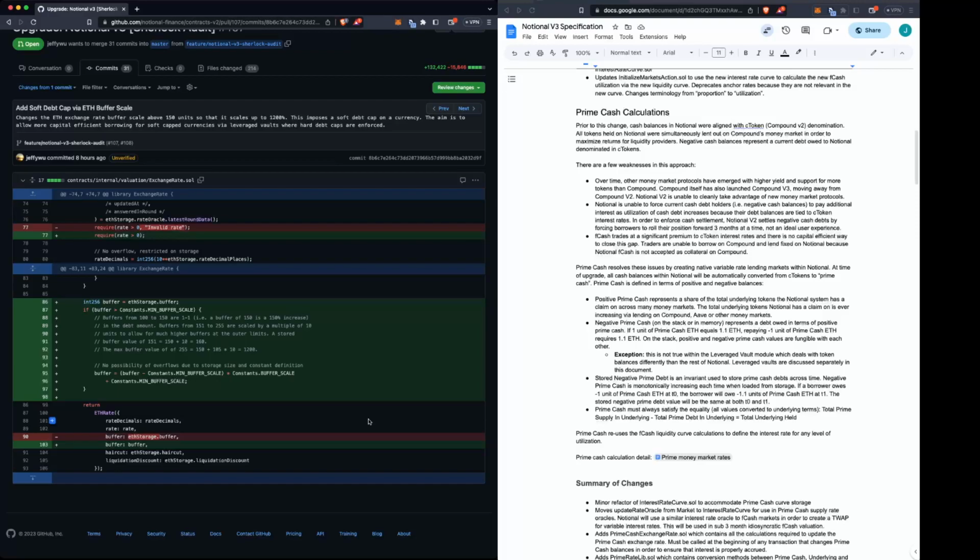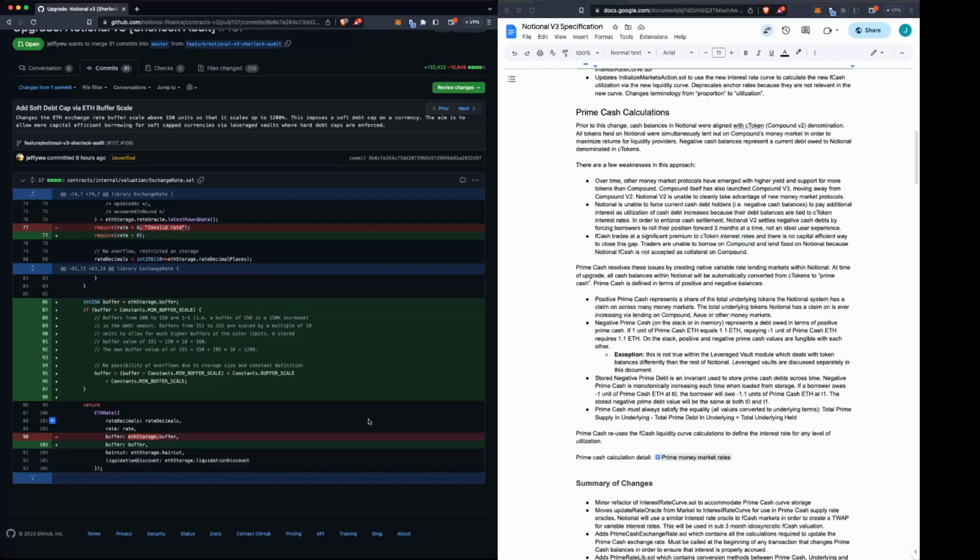Between 100 and 150, you get a proportionate increase in the value of the debt, and beyond that, it starts scaling up a lot faster. This basically will allow us to make it really expensive to borrow in certain currencies that we feel might be illiquid and dangerous to borrow.